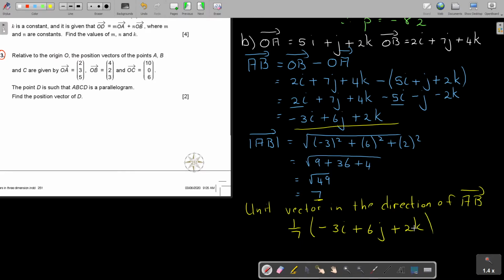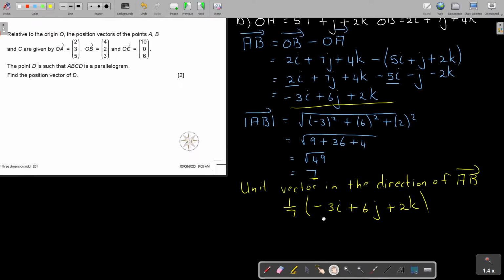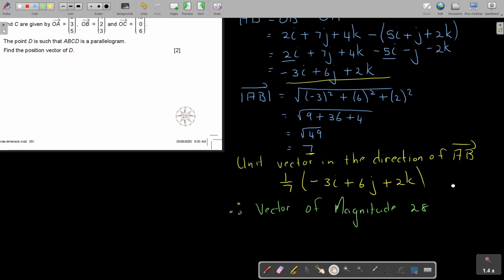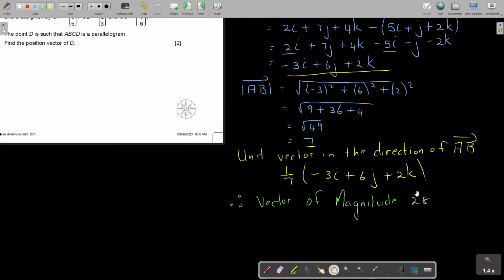But now, therefore, a vector of magnitude 28. Remember, this is now having magnitude 1. So I just take this 28 and I times it with that magnitude of 1.